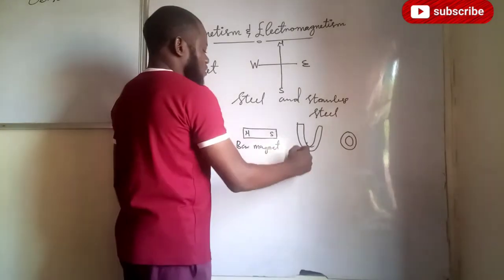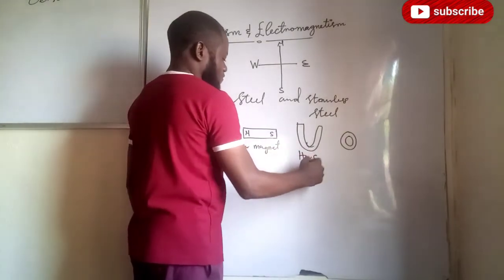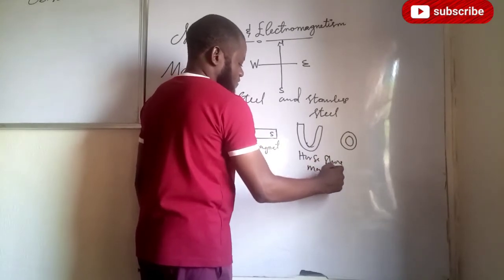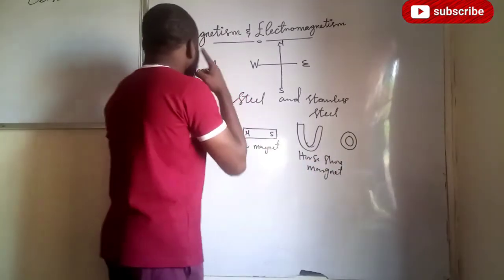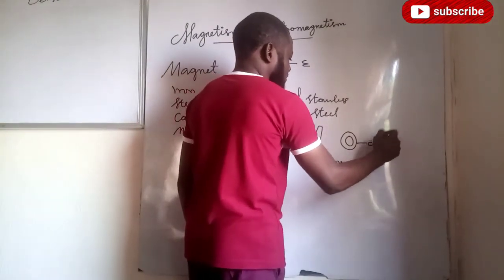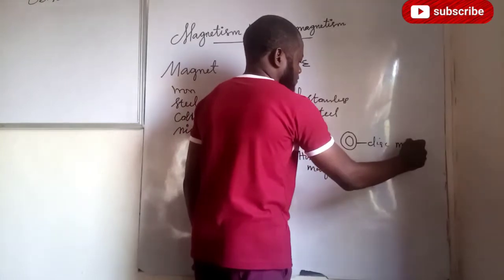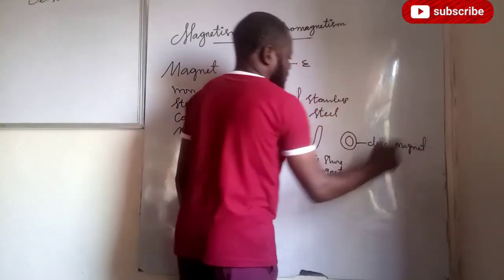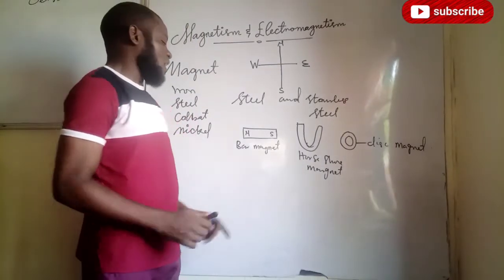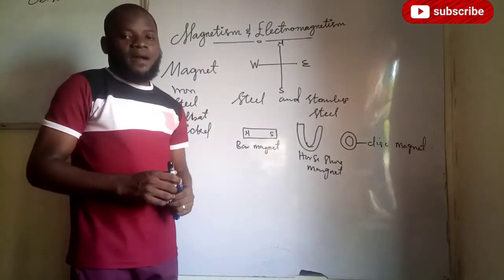And this one is called a horseshoe magnet. And this one is called a disc magnet. Are we together now? So this is a disc magnet, this is a horseshoe magnet, and this is a bar magnet.